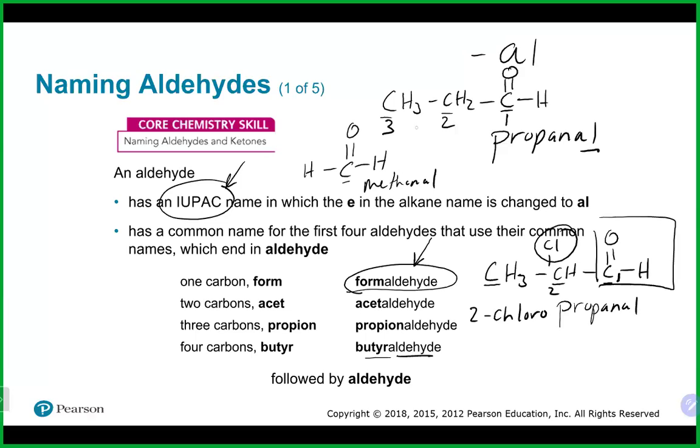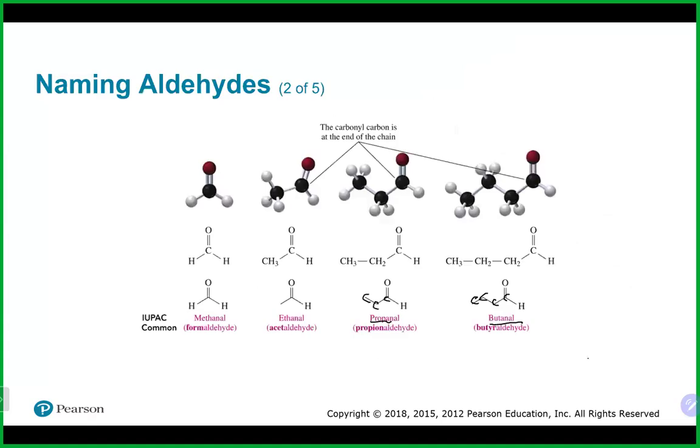Any questions on that there? But everybody else, even with formaldehyde, I would still roll with the IUPAC way of naming. So again, we can see our methanol, ethanol, propanol, and butanol. Again, all based off of how many carbons we got going on.